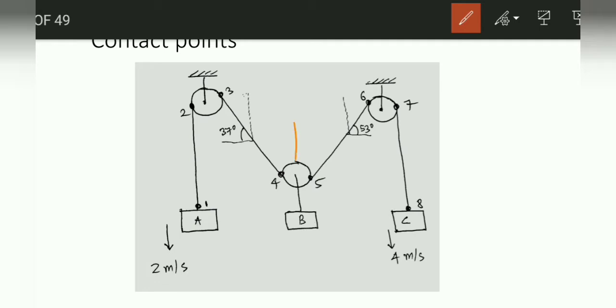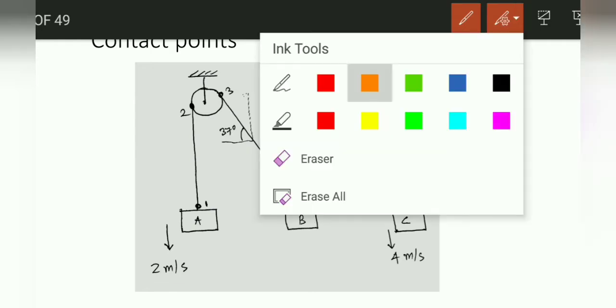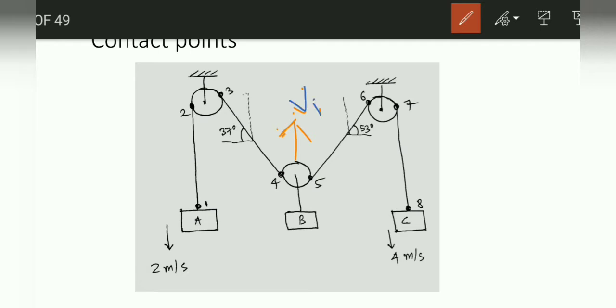I am assuming this is going up. VB is going, say, up. And suppose this is constrained to move only in the x direction. Now, what is the component of VB along this direction and along this direction? That we need to find out.